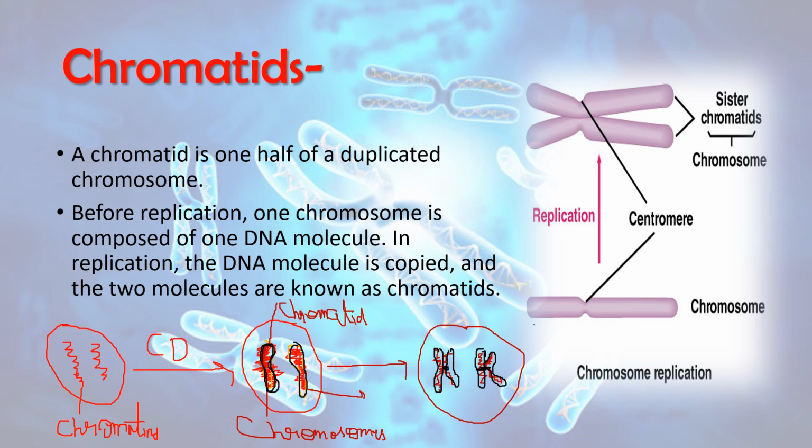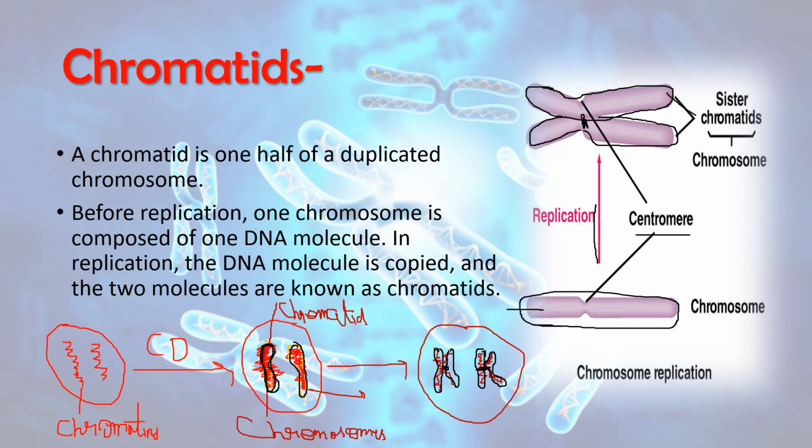You can see in this diagram, this is our chromosome having a single chromatid. When replication occurs, it is duplicated and forms two chromatids, which are joined together with the centromere.